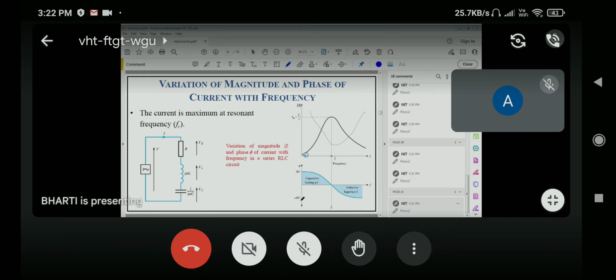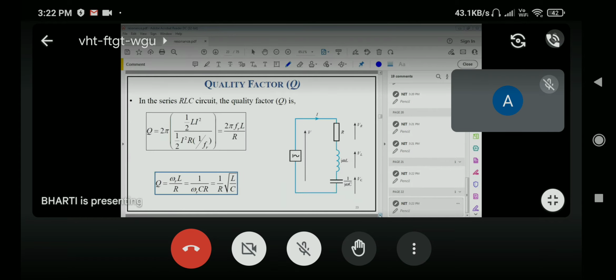Is it clear? Yes, ma'am. Fine. So you can understand it. This will be for current now, and this will be for impedance. And this quality factor we had discussed yesterday also. That is the sharpness of the resonance in a resonant circuit.